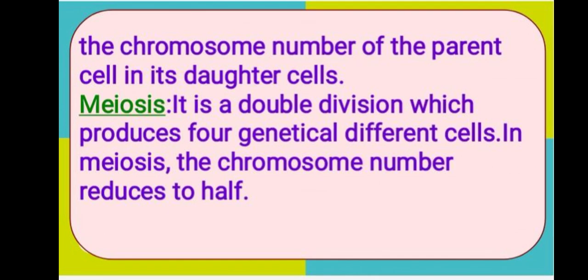Mitosis maintains the chromosome number of the parent cell in its daughter cells. Meiosis. This is the second type of cell division. It is a double division which produces 4 genetically different cells. In meiosis, the chromosome number reduces to half.